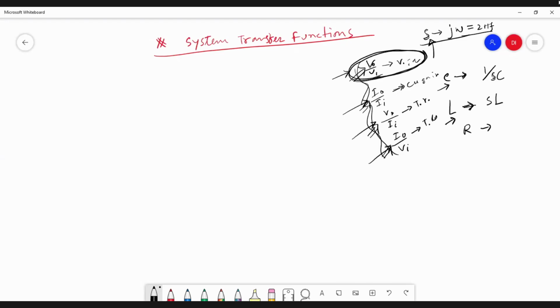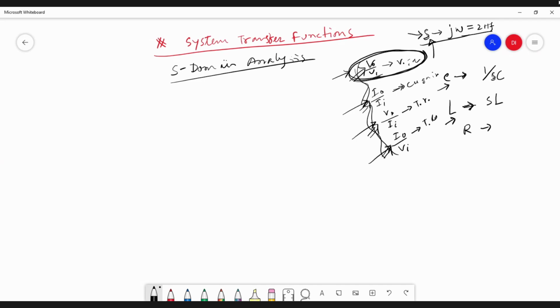So usually the frequency domain, frequency analysis is happening in S domain, which is using the complex frequency S. So if we say the S domain analysis, usually the transfer function in the S domain has a general form.